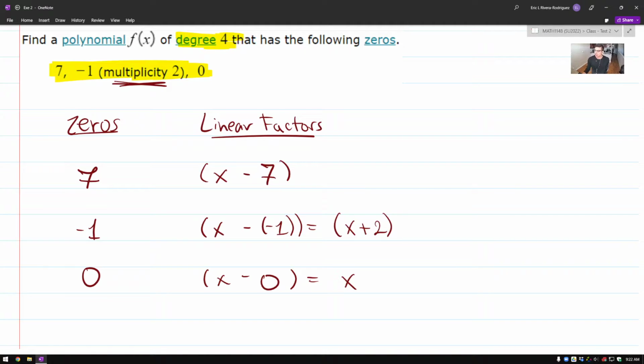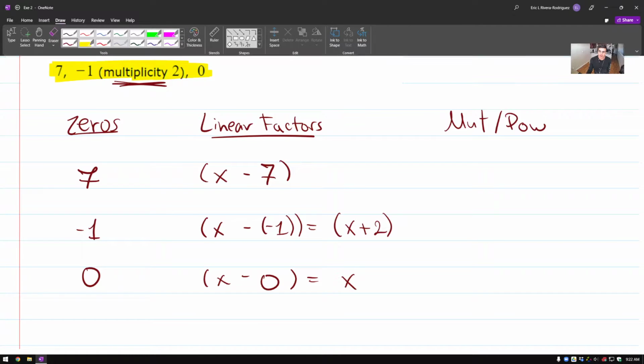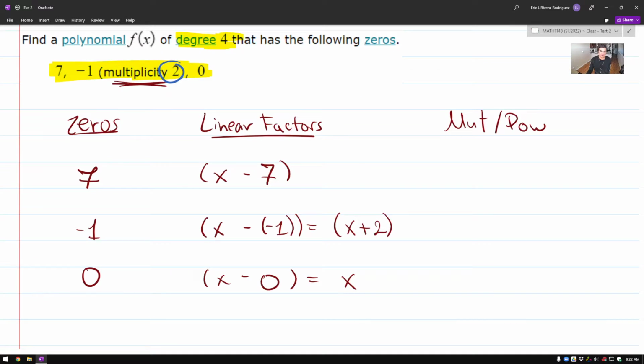And then we need to think about what is going to be the power on top of those factors, the multiplicity or power. From the exercise, we got that the multiplicity of -1 needs to be 2. That's given from the exercise. So we know that this power is 2 here.